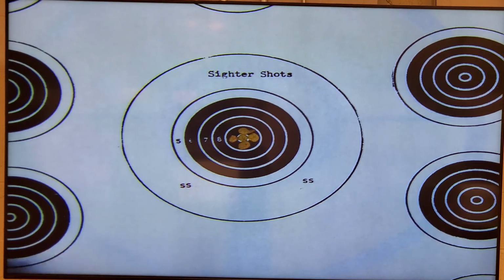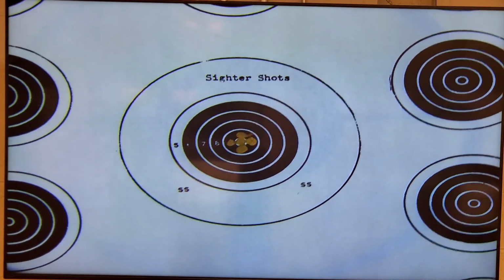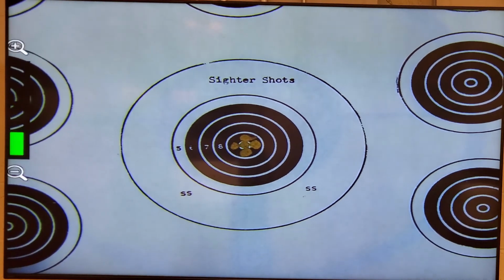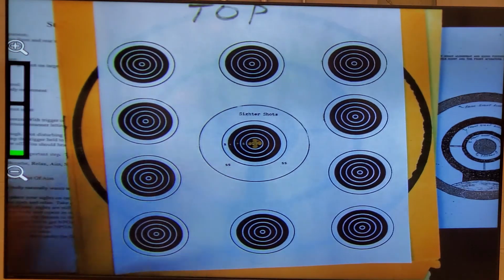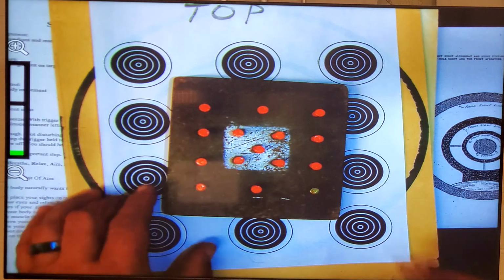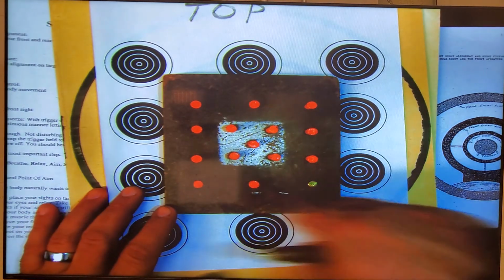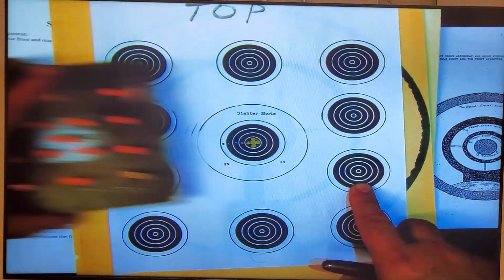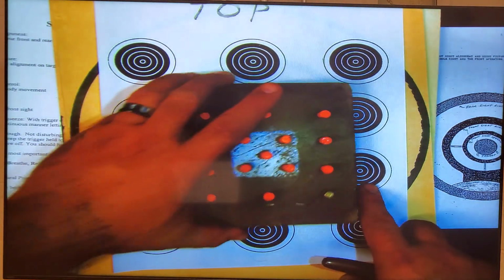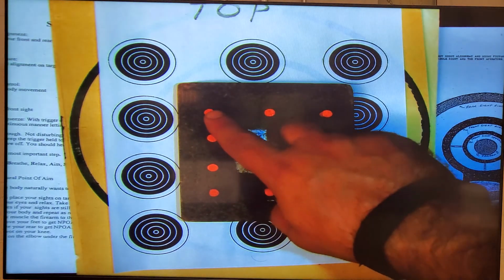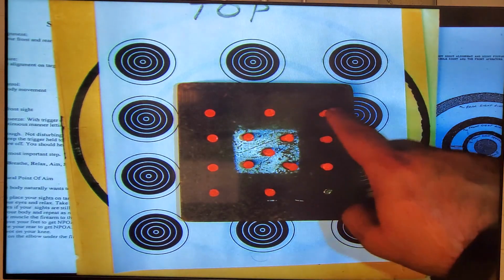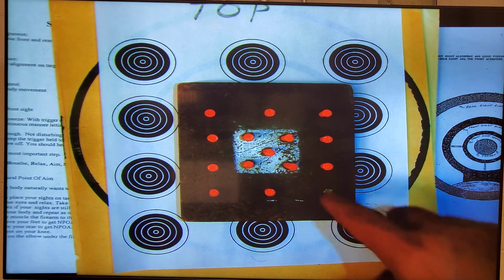When we're initially shooting these targets for score, what's going to happen is you are going to get a loading block that has 15 rounds in it and a target that has 11 bullseyes. This loading block helps you track your shots on the target. You'll notice you've got a bullet that corresponds to each hole on this board.